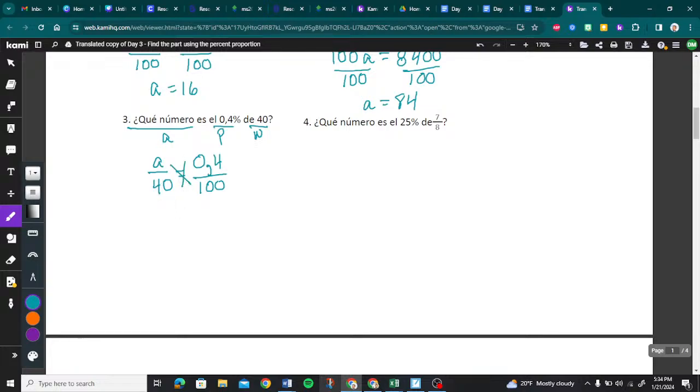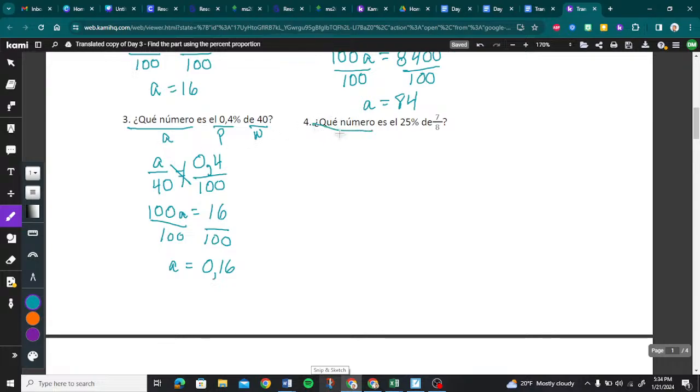Cross multiply. Four tenths times 40 is 16. We divide both sides by 100. 16 divided by 100 is 16/100.